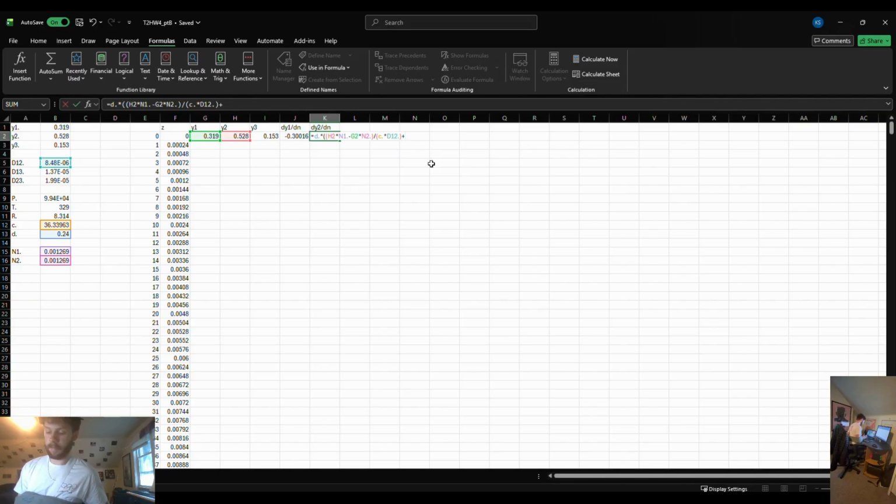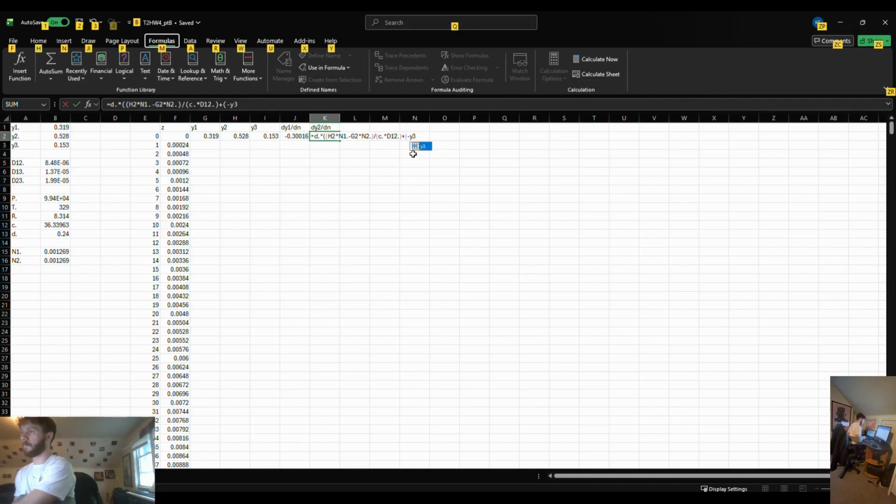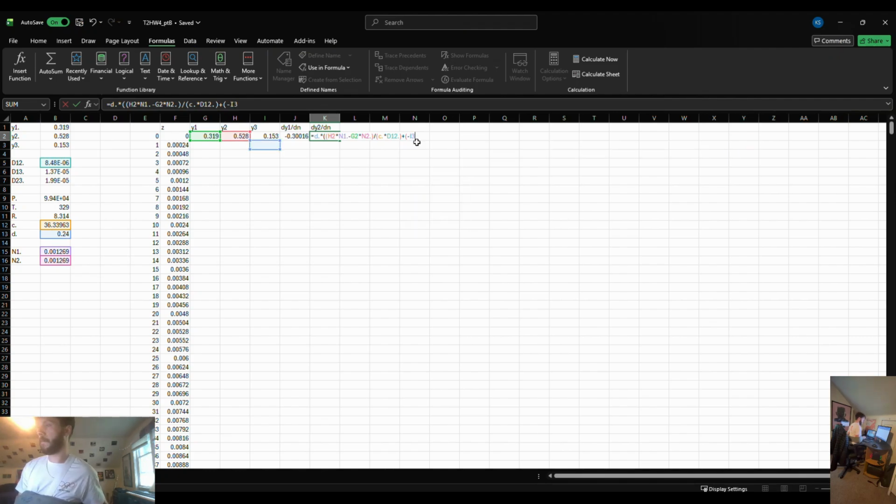And we'll add the negative mole fraction of our nitrogen times the flux of our acetone, and divide that by our concentration times our diffusion coefficient.